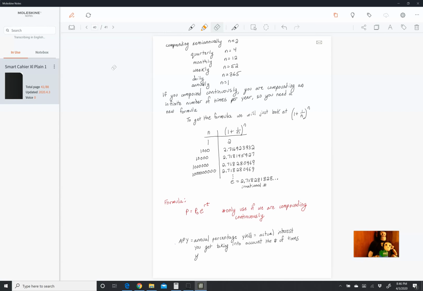Most of the time, the interest rate is so low that the APY and the APR is actually the same. But the APY otherwise will always be higher than the APR, okay? Because you're always getting a little bit more if you're compounding more times per year.